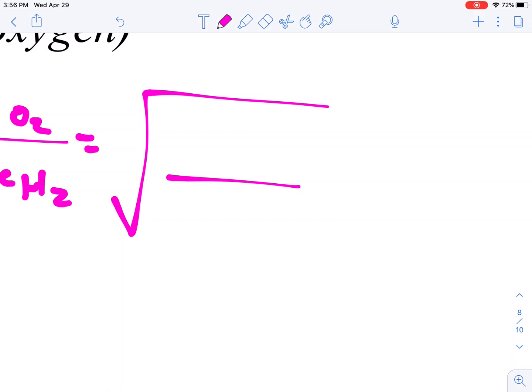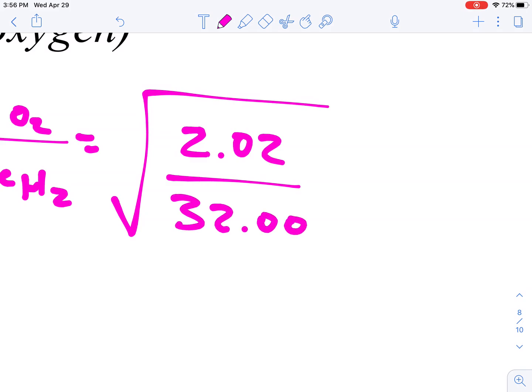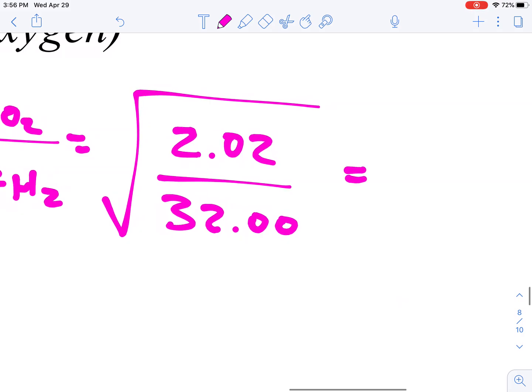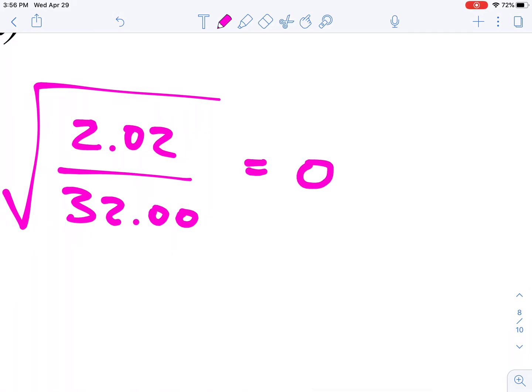The molar mass of H2 is now on top, that's that 2.02. O2 is on the bottom, 32.00. These both have units of grams per mole. I'm just not writing them to save a little bit of time because they're going to cancel out. And when you do that math, you will get 0.25.